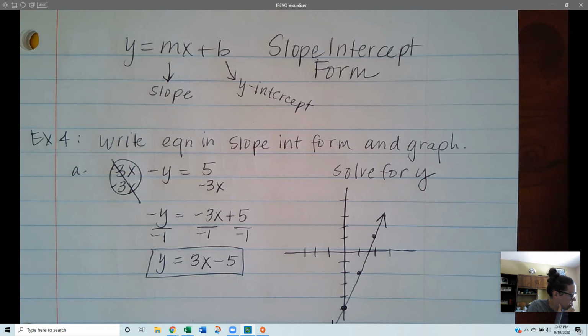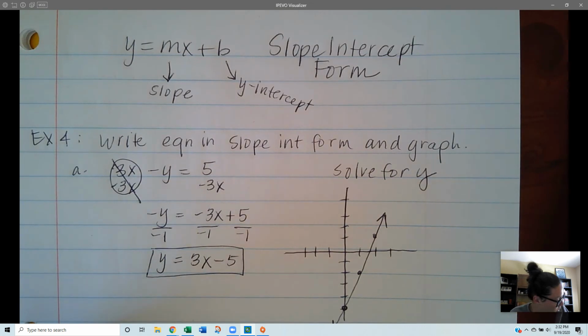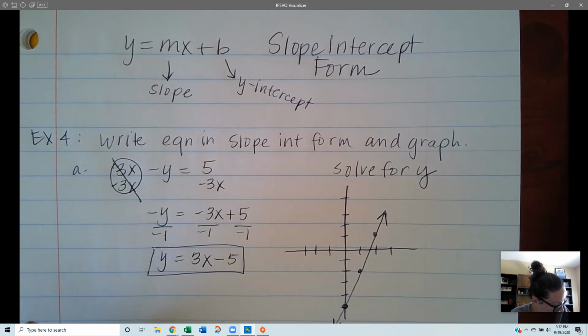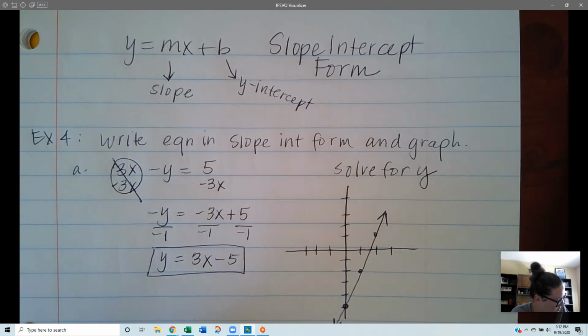All right, let's try this one. 3x plus 2y equals 4. I'd like you to pause the video and try to solve for y on your own and then graph the line.